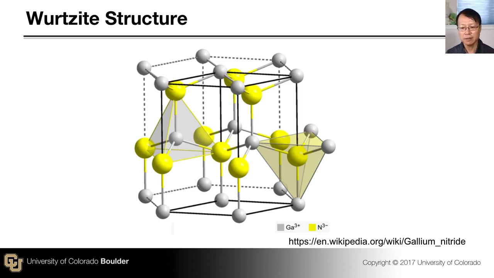A hexagonal Bravais lattice with a two-atom basis in this geometry is called the wurtzite structure, and some of the 3-5 compounds such as gallium nitride crystallize into the wurtzite structure. Also, some of the 2-6 compounds such as zinc sulfide, when prepared at high temperature, form this wurtzite crystal structure.